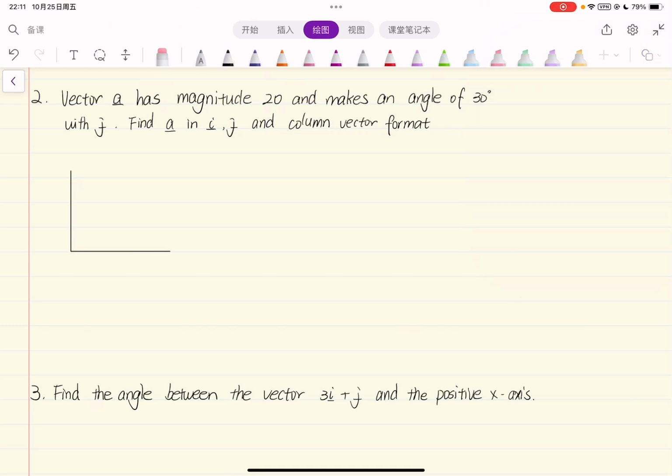So we have the magnitude of A and an angle of 30 degrees with j. So here is j, here is i, here is y, here is x. Probably A is over here, starts from here, and we have the angle that is 30 degrees. Here is vector A.